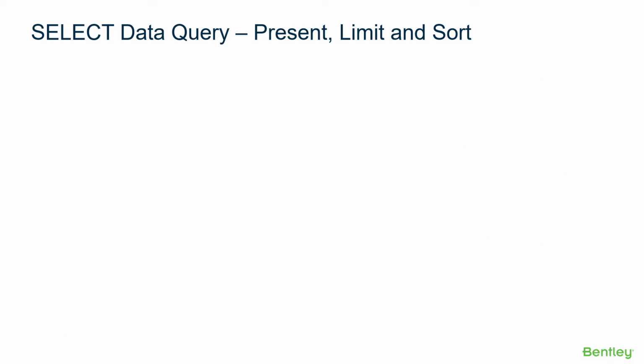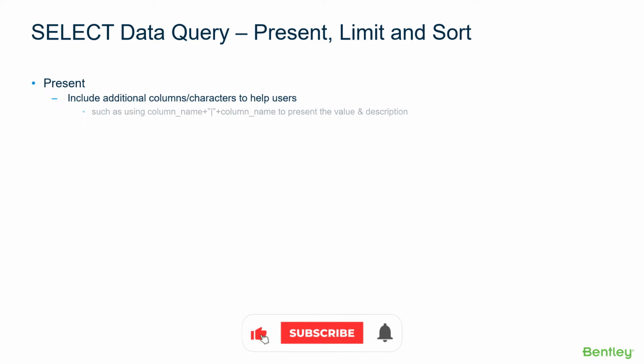Let's look at other optional parts that can be added to the select data query syntax to adjust how the data is delivered to the user. The present option is to include additional columns or characters to help users, such as using column_name plus the pipe plus the column_name to present the value and description columns to the user.